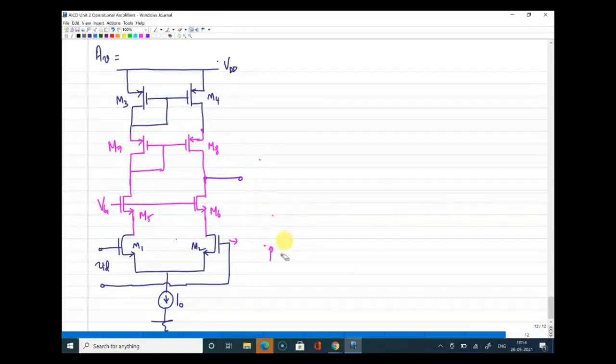So how will you calculate the Gm of the circuit? Let us see that first. So Av is equal to Gm into R out.